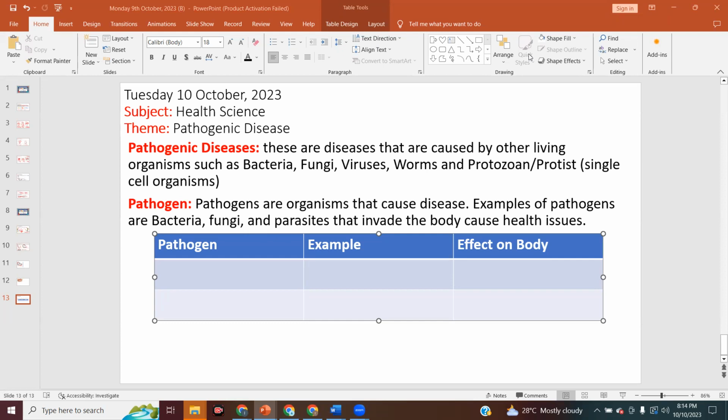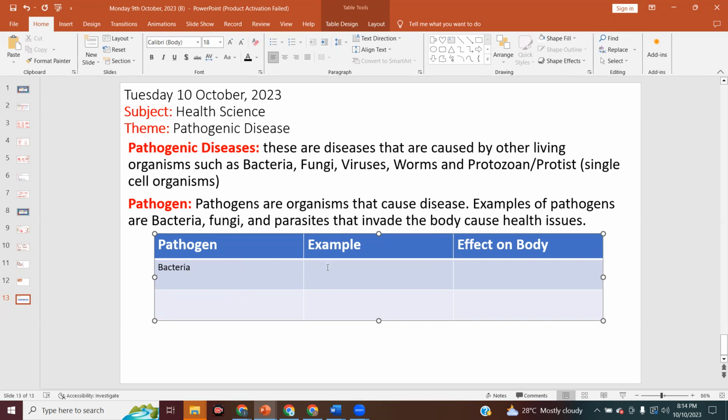But pathogenic diseases hit you hard. You can't move. You're just dumbfounded. I think pathogenic disease is one of the worst to get. So if you're trying to get any disease, please do not get any pathogenic diseases. They are rough. Okay, so bacteria.